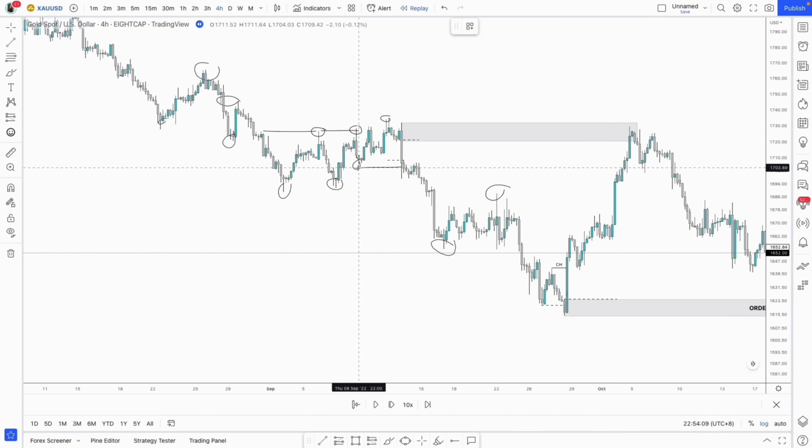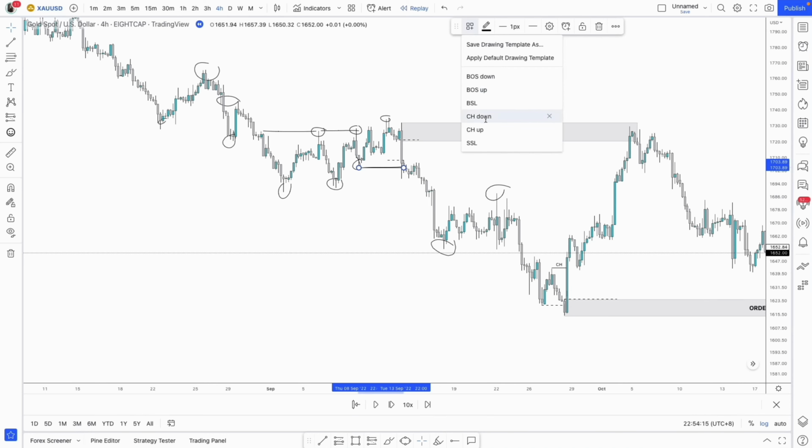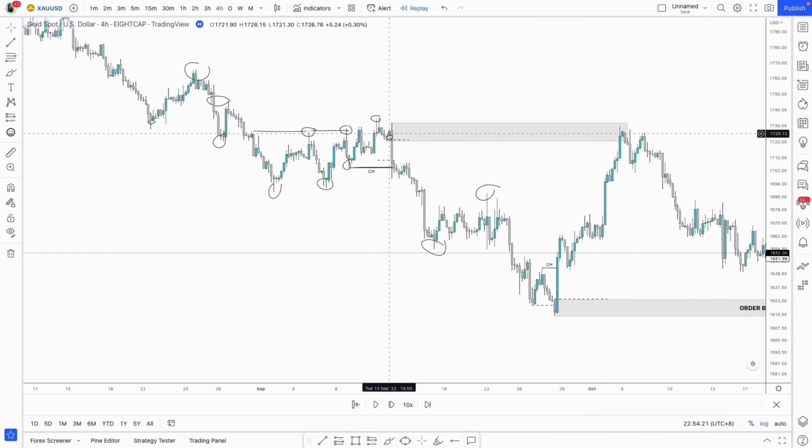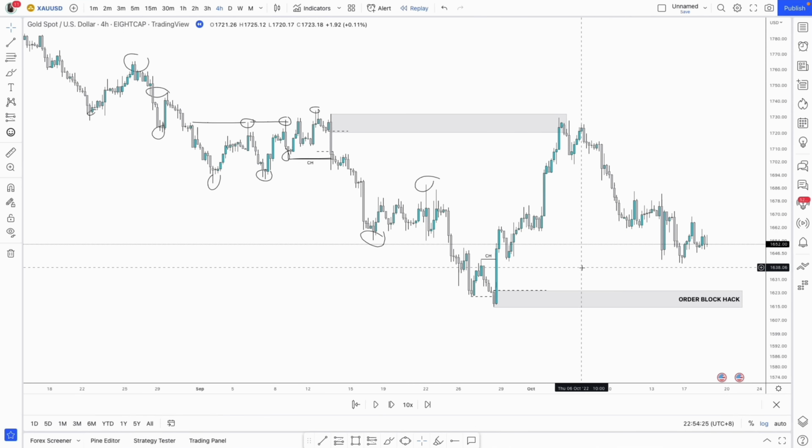That right there is the change of character to the downside, because it's a shift from demand to supply. Change of character down. And lo and behold, where did that come from? It came from here. So purpose is the second reason. The level has to do something important.